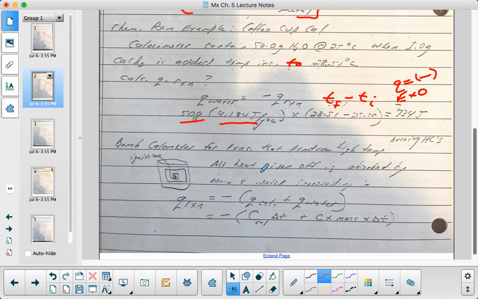In this case, since we're trying to identify what the dissolving process is, we see that because the change in the water temperature is positive, the Q of the reaction has to be opposite that.